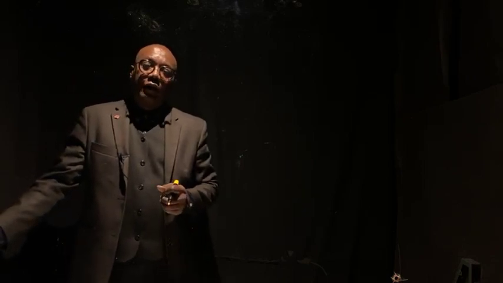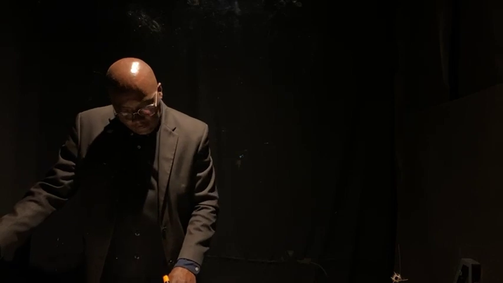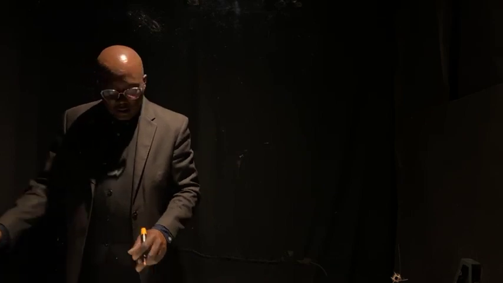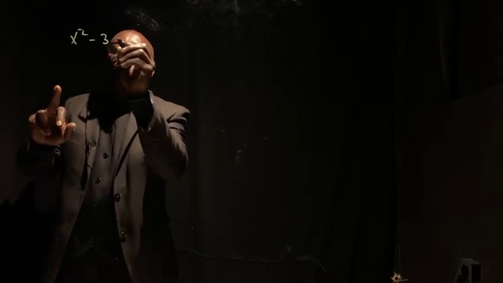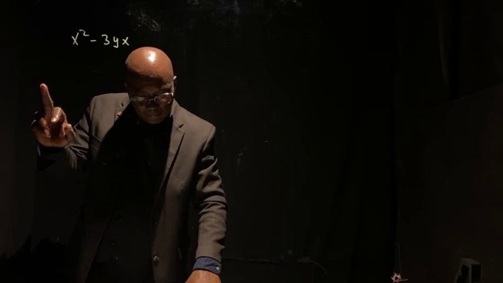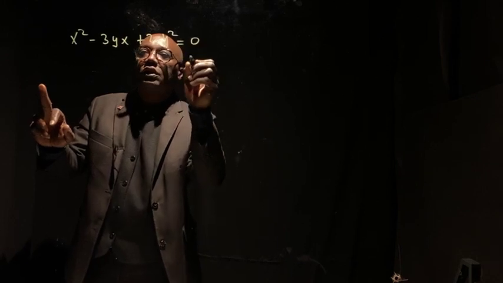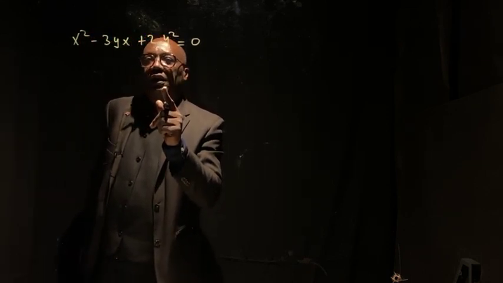Now, as I already said, we are going to prove that this equation, the homogeneous equation, x squared minus 3yx plus 2y squared equals 0, you can write it down as I dictate.